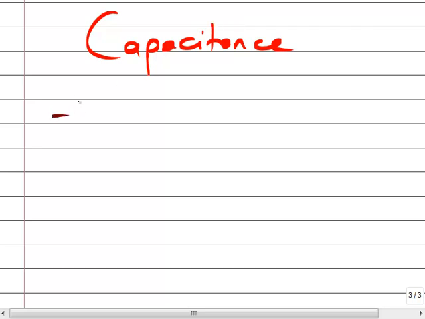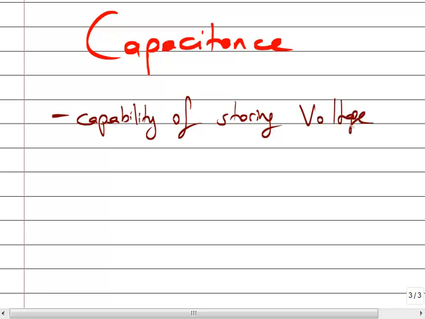What does it do? It's the capability of storing voltage.